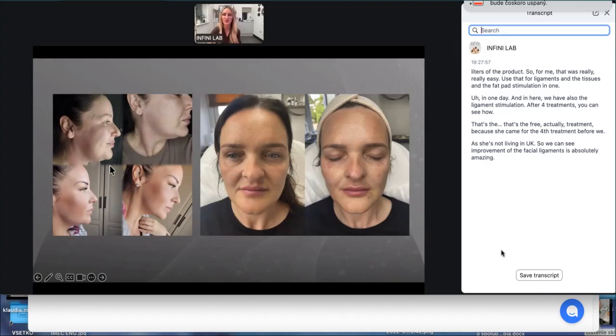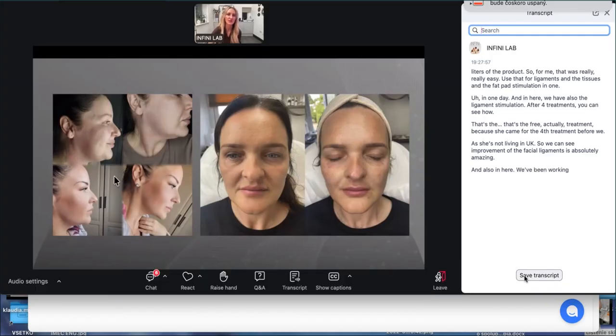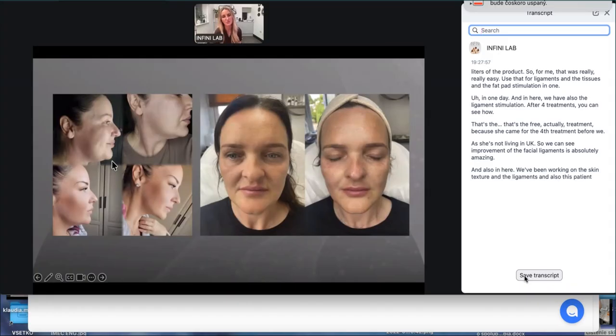And also in here, we've been working on the skin texture and the ligaments, and this patient has a little bit of toxin on the jaw area, which I would support. She hasn't lost any weight, she's still the same. It's just a repositioning, I would say, of the muscle tension and the ligaments.